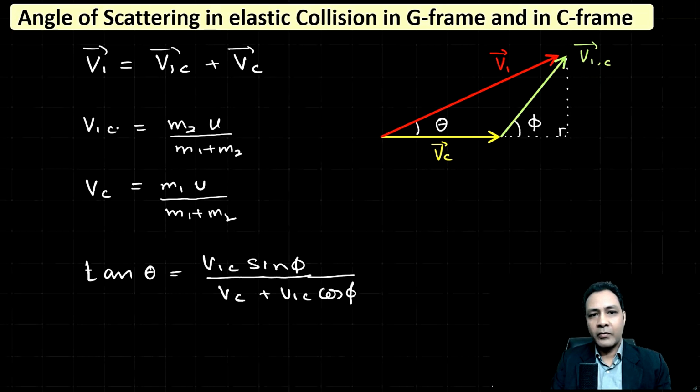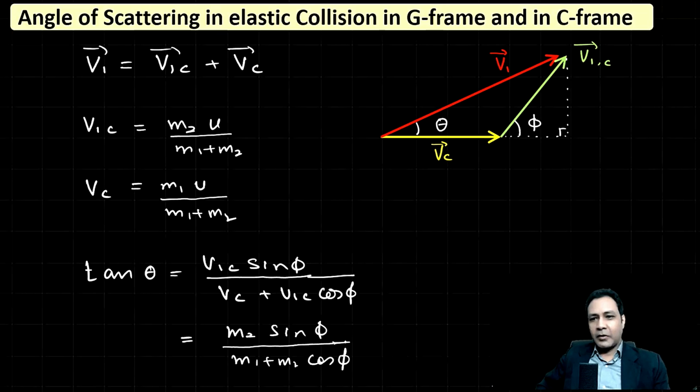Put the values of v1c and vc in this equation, and you can see that u upon m1 plus m2 is common in both v1c and vc. So if I put it here, I am going to get m2 sine phi upon m1 plus m2 cos phi.